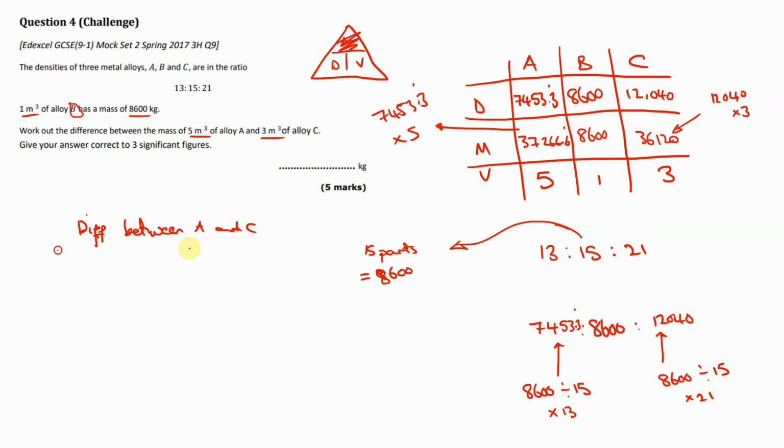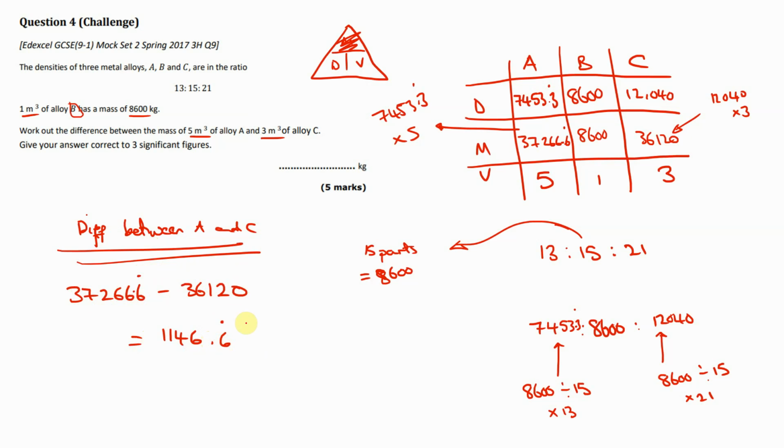Well, the difference between A and C, well, that's just going to be a nice subtraction. So 37,266.6 recurring, take away 36,120, which gets me 1,146.6 recurring. 3 significant figures though, I want to say that that's 1,150.